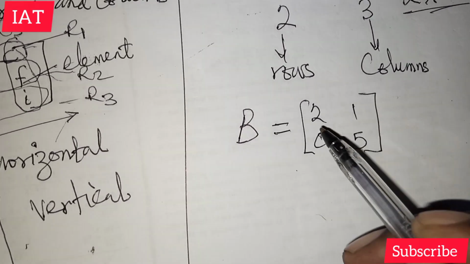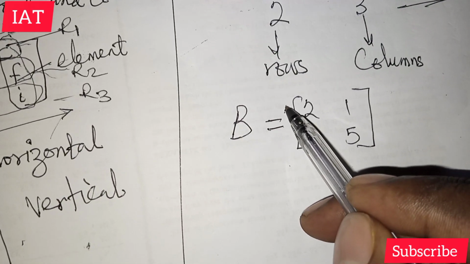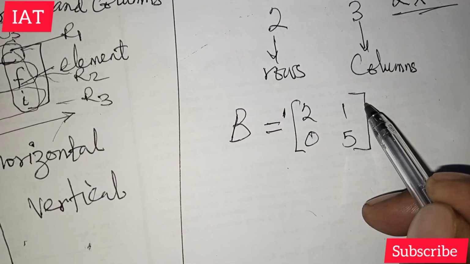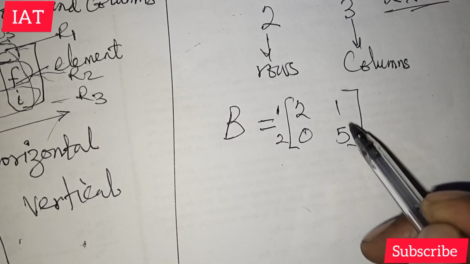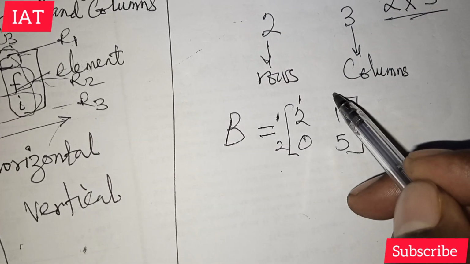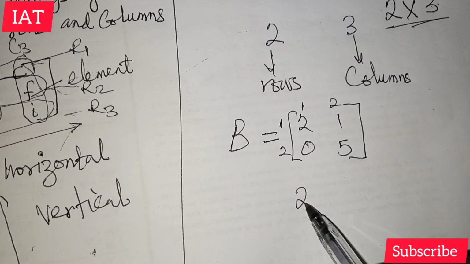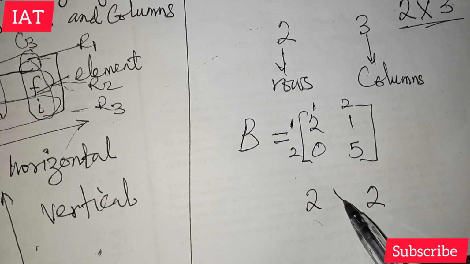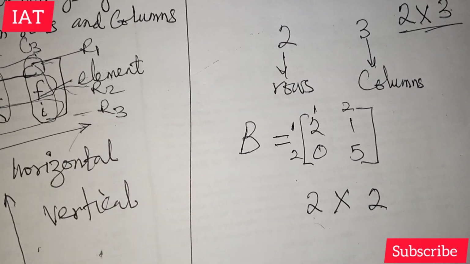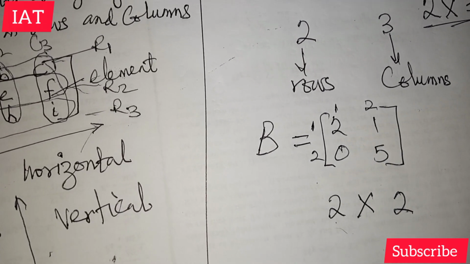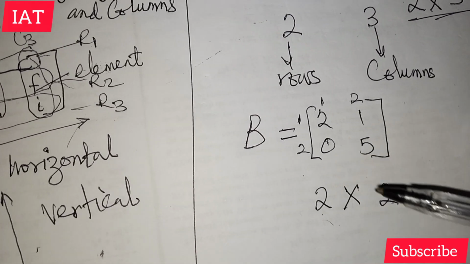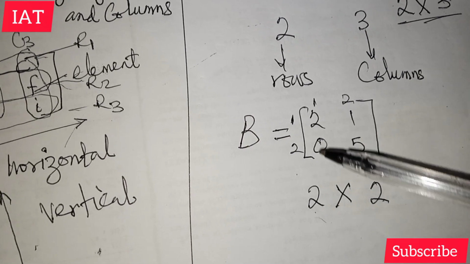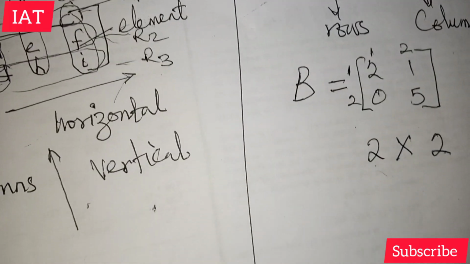We identify the first row, second row, first column, second column. So we have 2 rows and 2 columns, so this is a 2 by 2 matrix. If they ask you the order, just tell them 2 by 2, because it has an equal number of rows and columns.